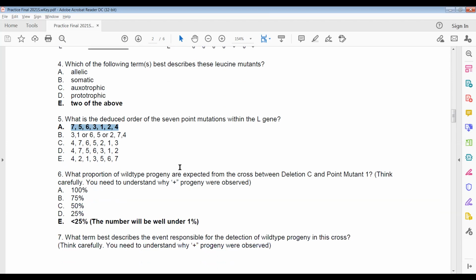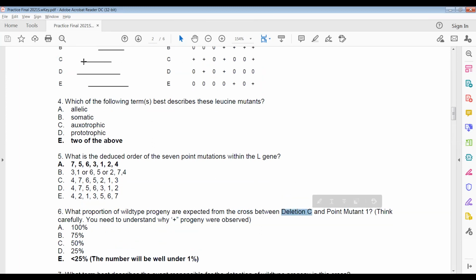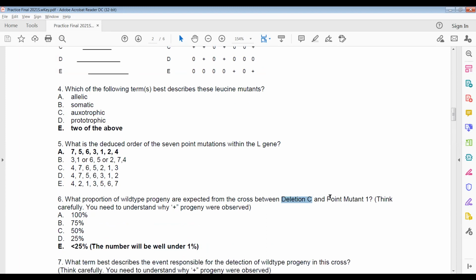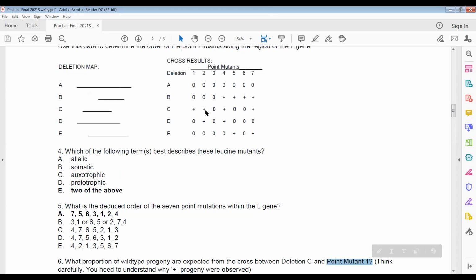All right, number 6. This one is also very challenging, I think. Now we do a cross between deletion C, which is here, and point mutant 1. Let's look here.